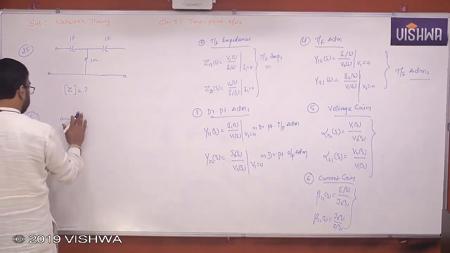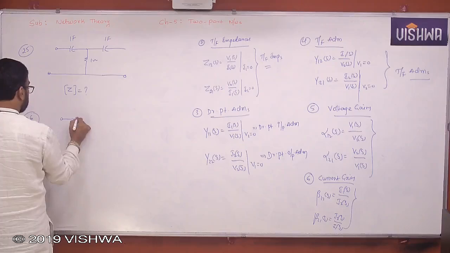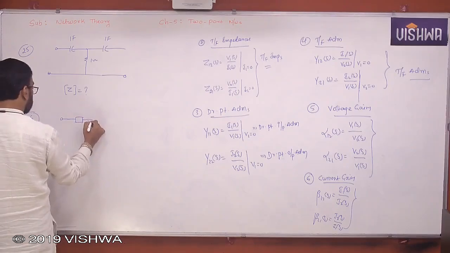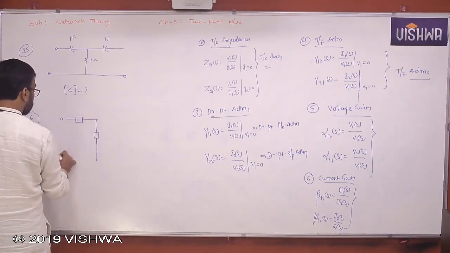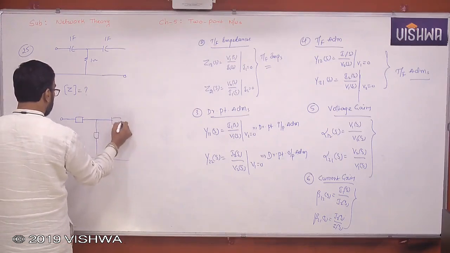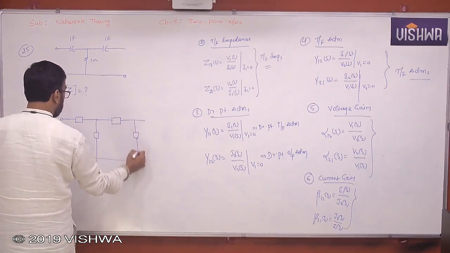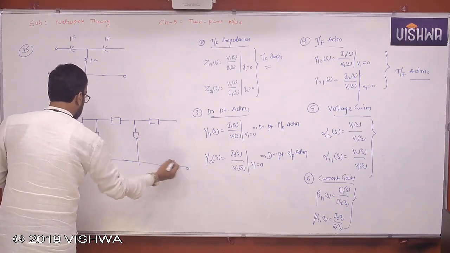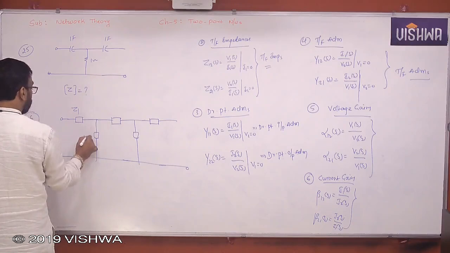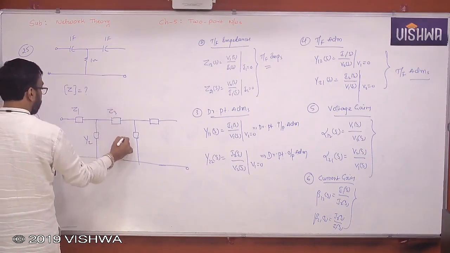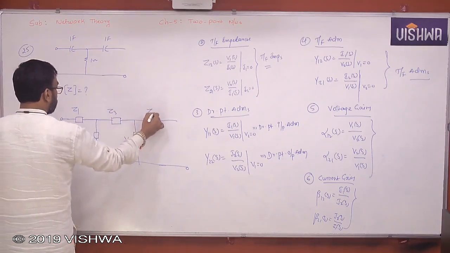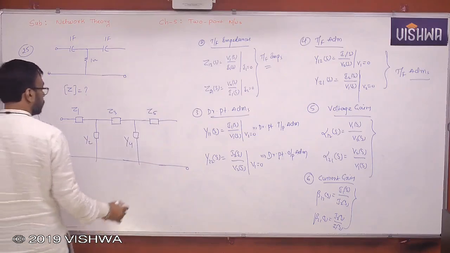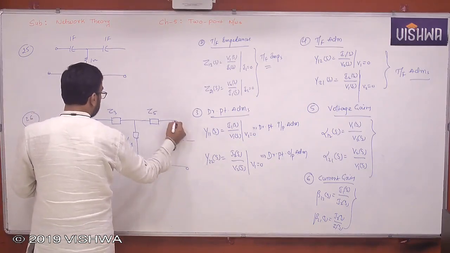Twenty-sixth. It's a ladder network: Z1, Y2, Z3, Y4, Z5, and so on.